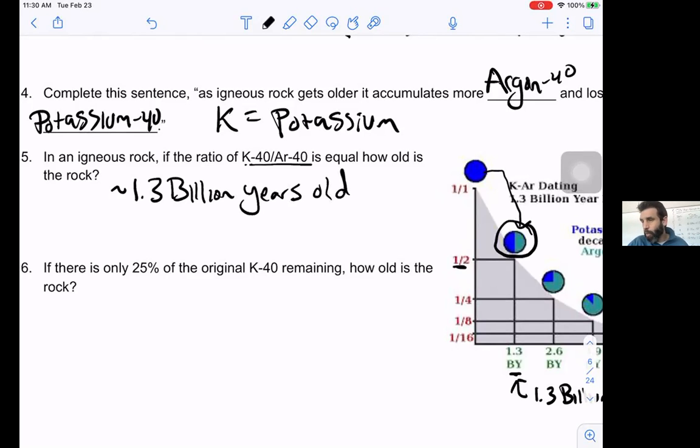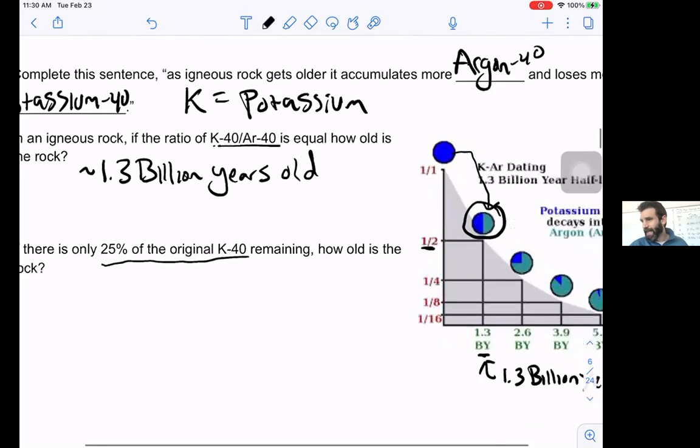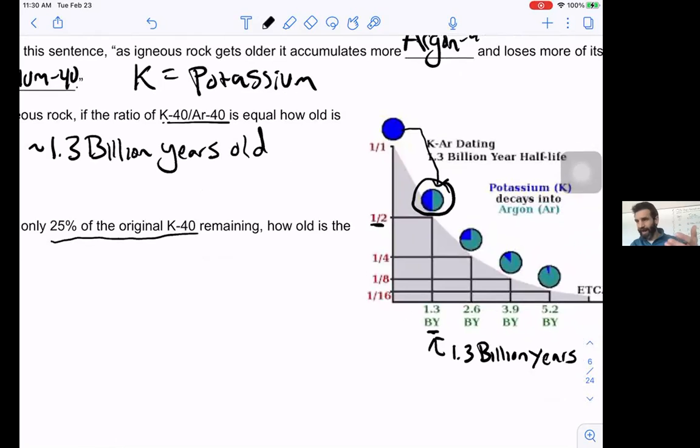And if there's only 25% of the original potassium 40 remaining, that means it's gone through another half-life. We move down here, and we can see by our drawing that only a quarter of the original potassium 40 is remaining, and now 75% is argon 40. So you can see that 3/4 of the pie is argon. So that's another half-life, right?